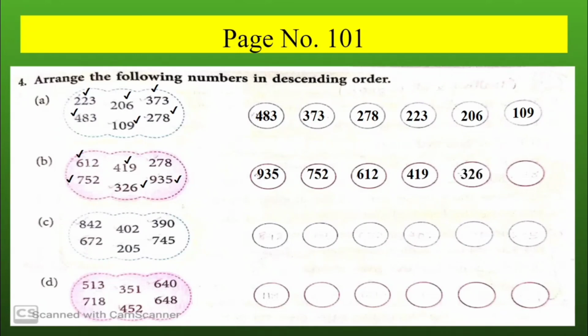Now we are left with only one number, that is 278. So it is also the smallest number among these numbers. So we will write 278 after 326. I hope you all have learned how to arrange the numbers in ascending and descending order. Now the C and D part are for your homework.